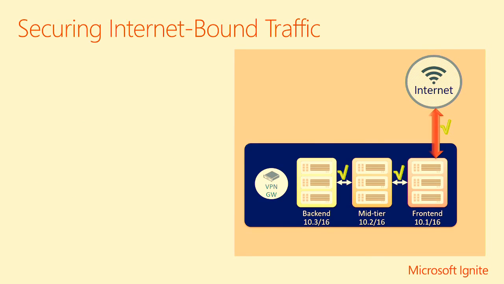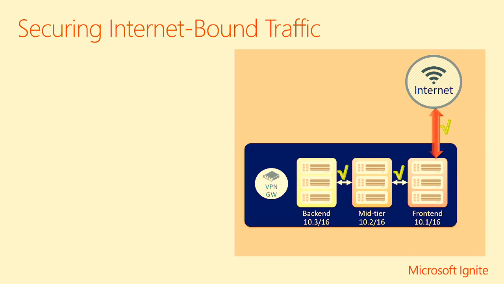Continuing with security, one of the other common asks we get is about how do I provide secure internet access to those applications that need to connect to the internet. Same example, continuing with the marketing application.